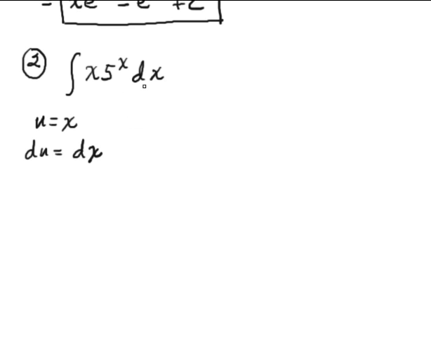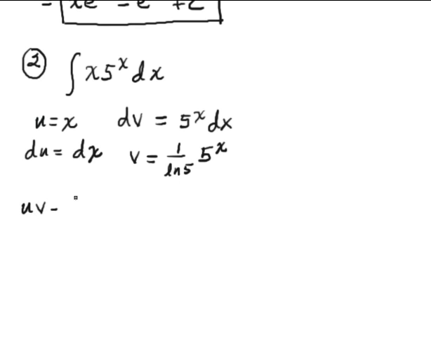And then we'll put dv equal to 5 to the x dx. And again, this is something we can integrate. V is equal to the integral of 5 to the x is 1 over ln 5. Okay, so we integrated that, and then again we form uv minus the integral of v du.